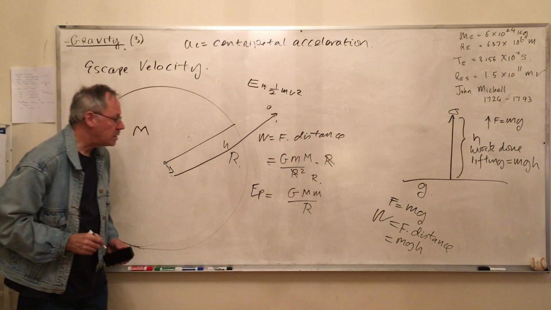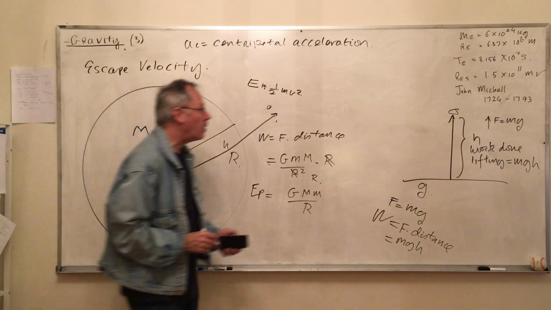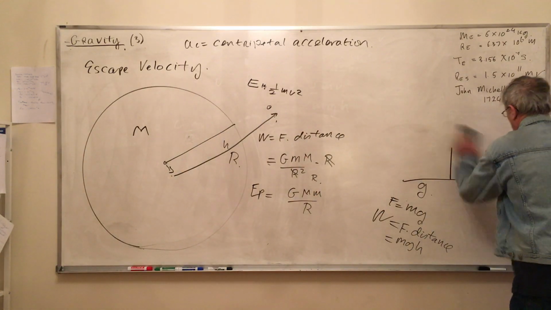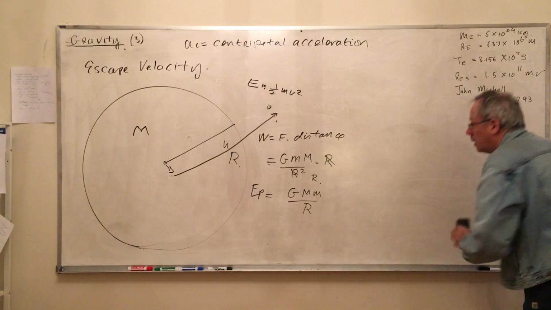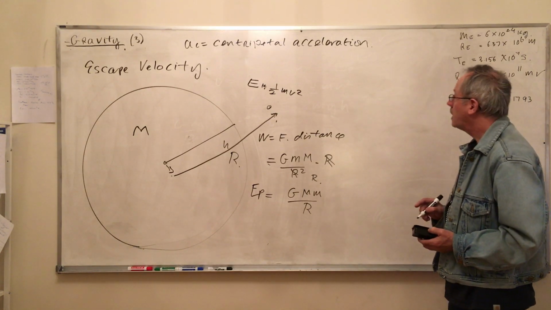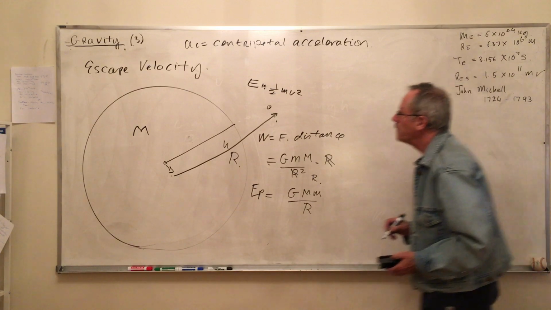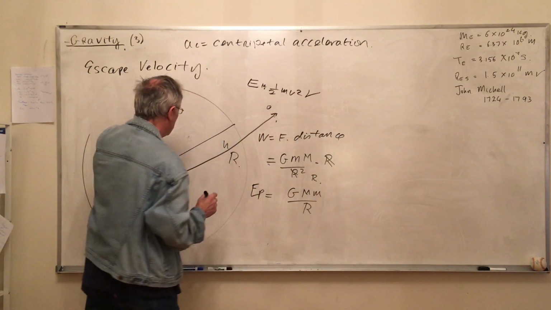Now one pair of R cancels and we're left with R on the bottom, just R. So now we have an expression for the potential energy, and that's for the kinetic energy.